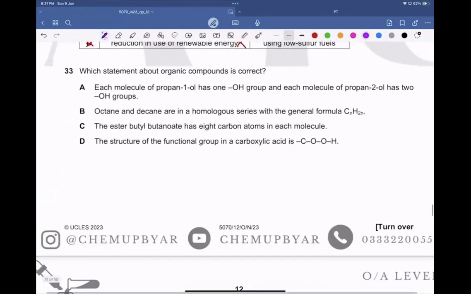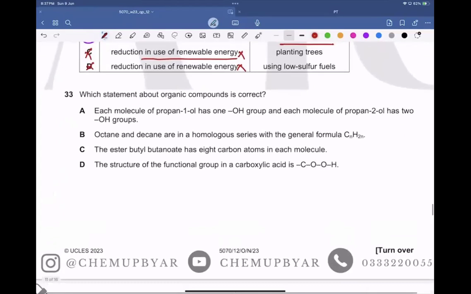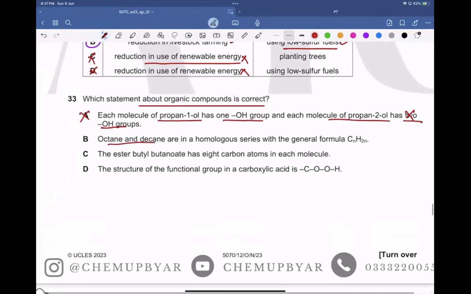Now question number 33. Which statement about organic compounds is correct? Each molecule of propan-1-ol has one OH group and each molecule of propan-2-ol has two OH groups. No, it also has one OH group. So A is wrong. Octane and decane are in the homologous series with the general formula CnH2n. The general formula written is wrong.